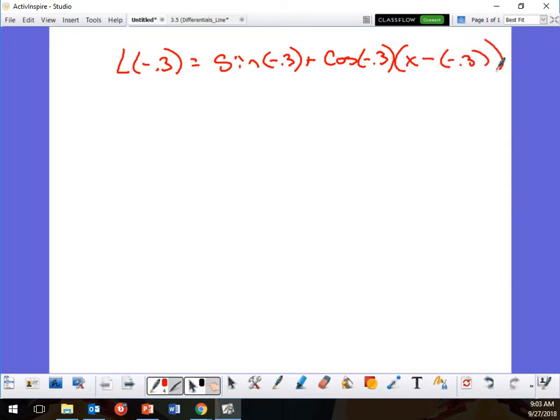So just plugging it all in. And when you pick up that calculator, what's the first thing you have to make sure you do?